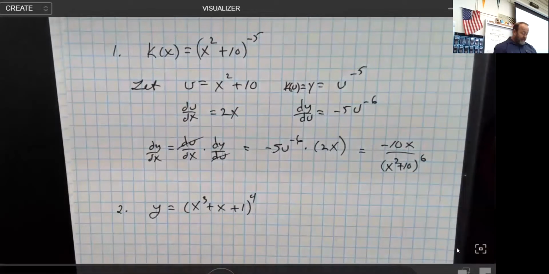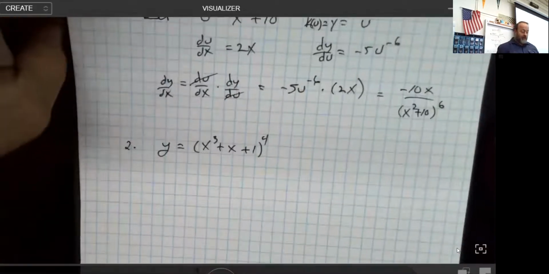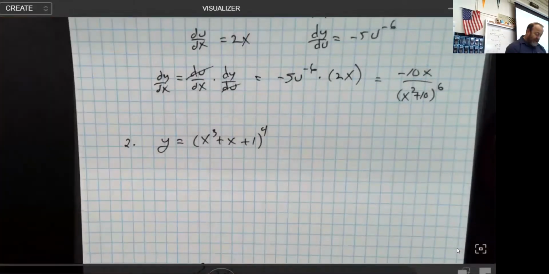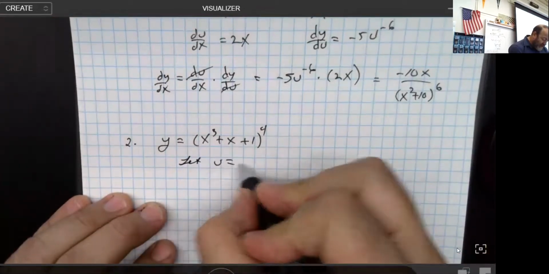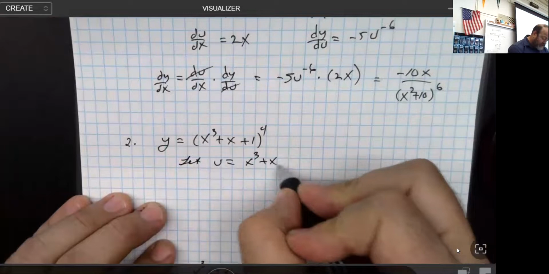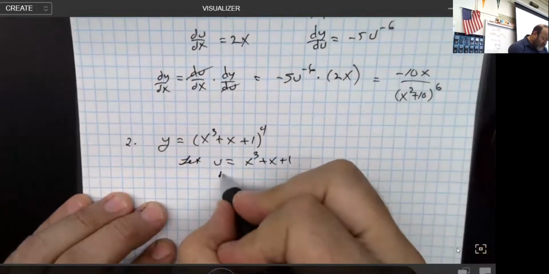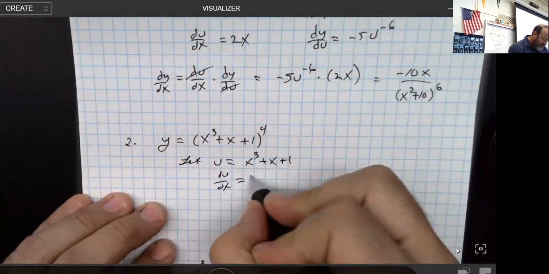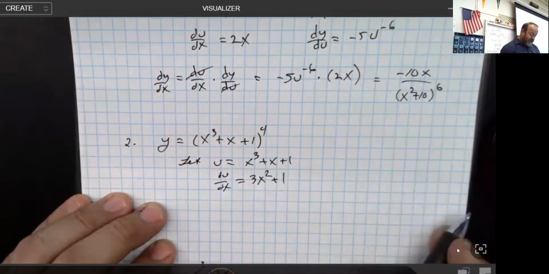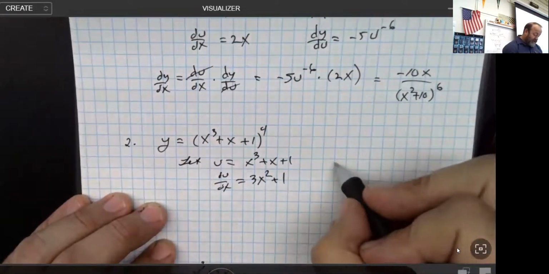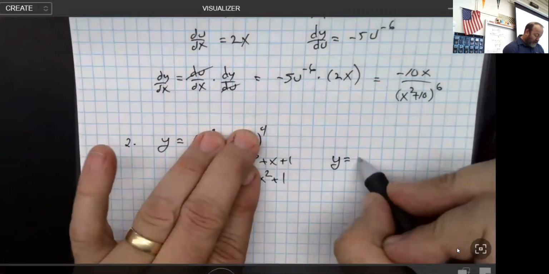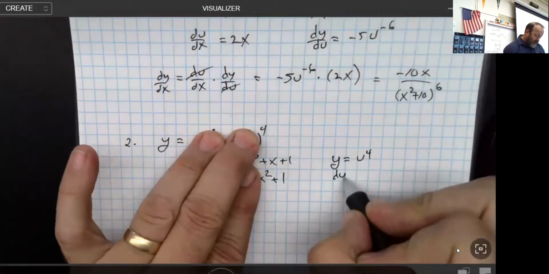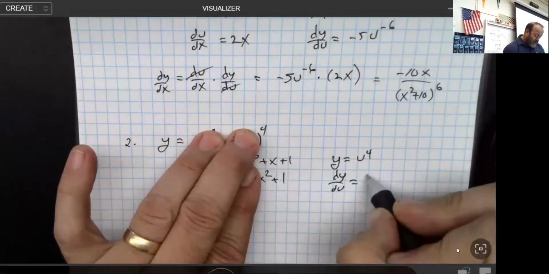Okay, now, for our second problem, very much like the first, if we went ahead and decided to say, let u be the interior function x squared plus x plus 1, then du dx would be 3x squared plus 1. Now, in that way, I would say then that y would be u to the 4th power, or now dy du would be 4u to the 3rd.